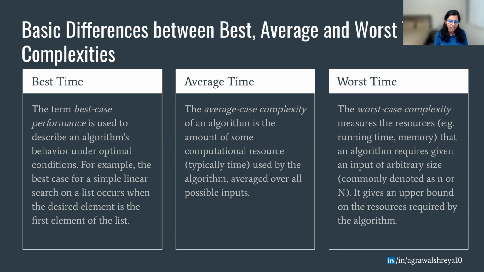You already have n minus 2 numbers sorted, and you just need to sort the 2 numbers. So it will take less time, and that's why it becomes the best time complexity.